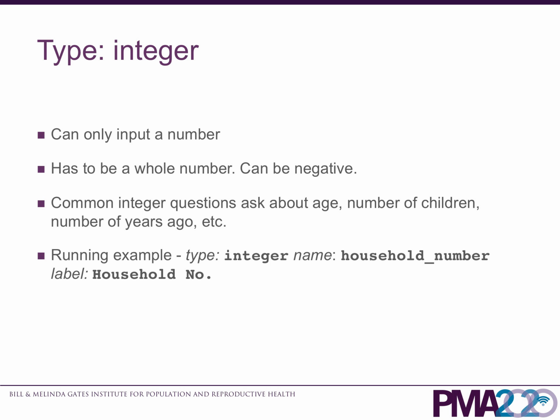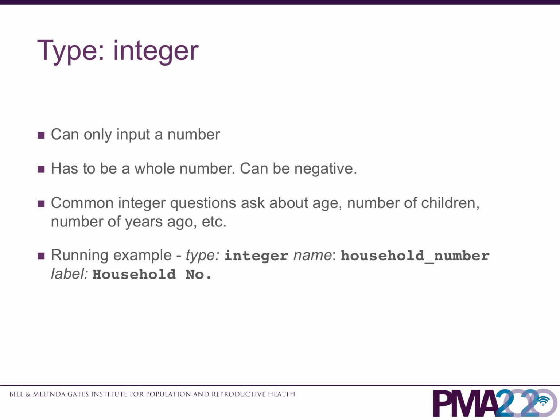So I want to go back to talking about types of questions. One type that is pretty simple is integer. This means that you can only input a whole number. As I said previously, PMA often asks questions about age, number of children, number of years ago since a certain behavior. So please pause this presentation and enter from the paper-based survey a row that in the type column says integer, in the name column says household number, and the label is household number.